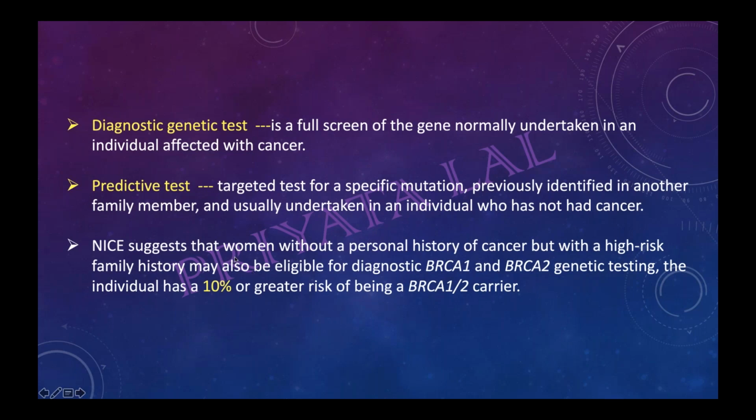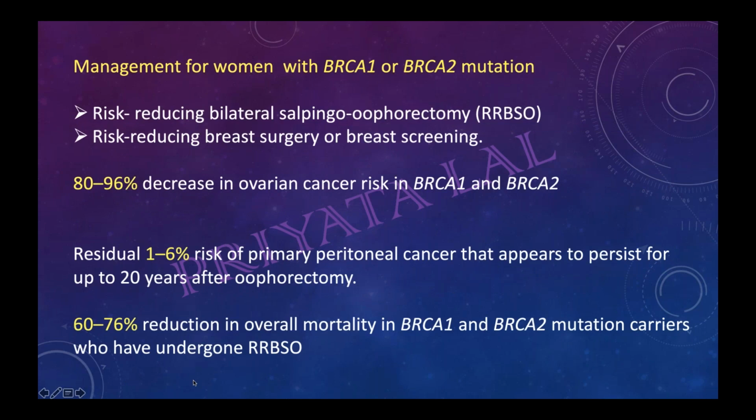So maybe you will get a number question from this line. If the risk of a person being a BRCA carrier is 10% or more, then usually genetic testing is offered. This may be important, because sometimes the question comes, and you will get many questions from here.